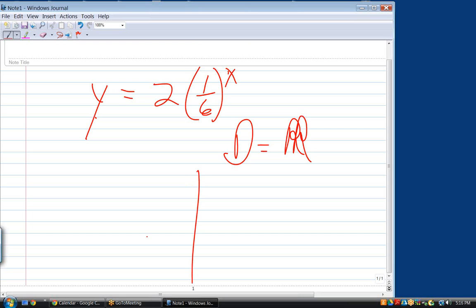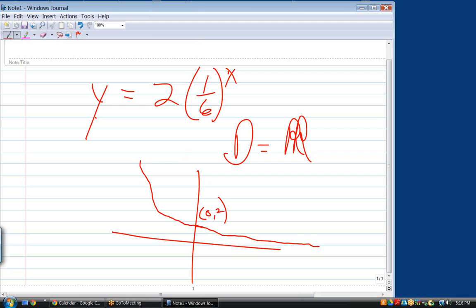Well, let's take a look at the graph. This is decay, right? And we know that anything to the 0th power is 1. So this point right here has to be 0, 2. And it's just going to approach the x-axis the bigger that x gets.